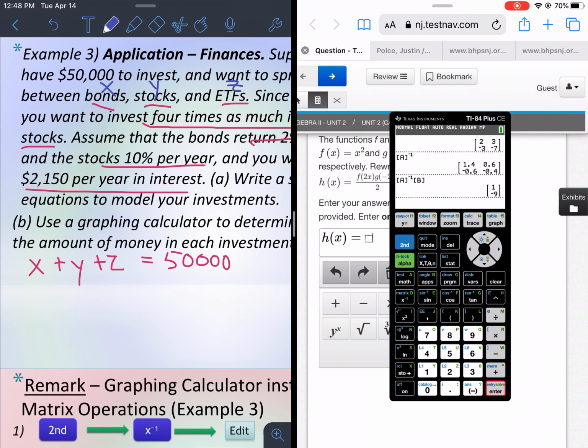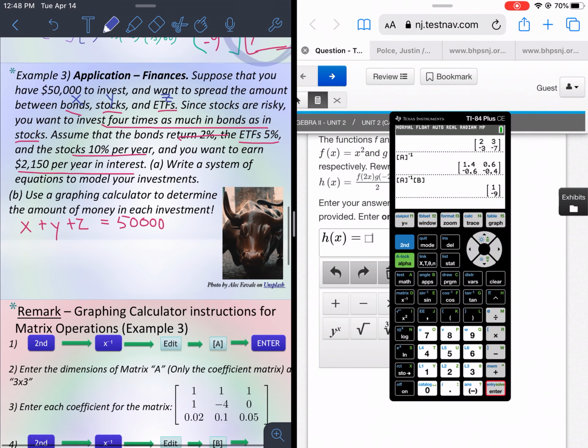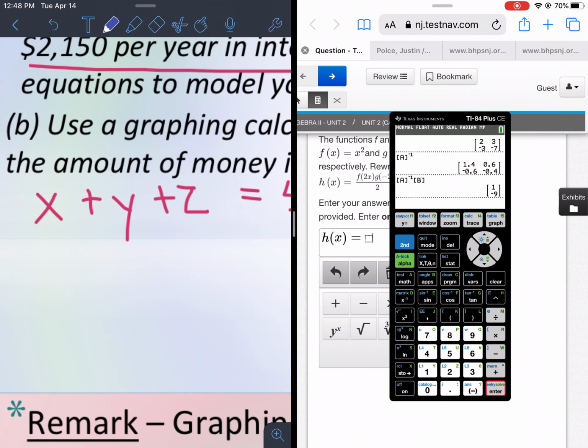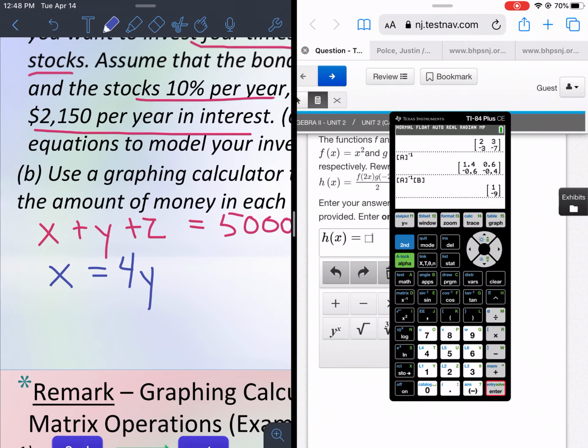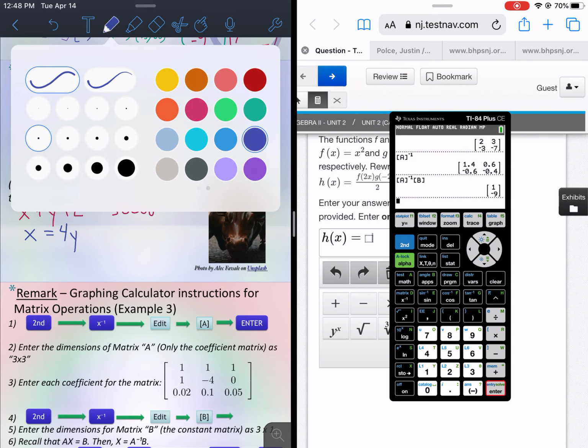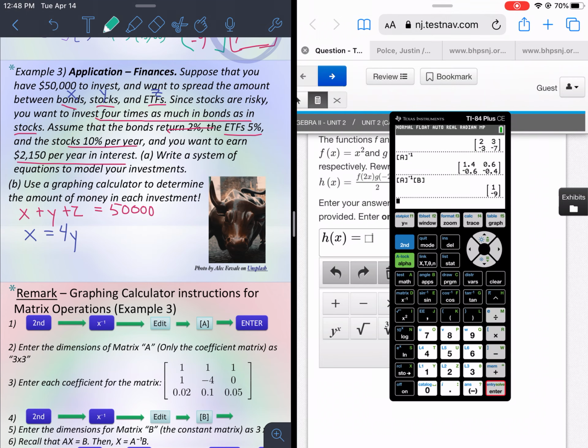Then it says you want to invest 4 times as much in bonds as in stocks. That means that the amount of money in bonds should be equal to 4 times the amount in stocks. And then assume that the bonds return 2%.